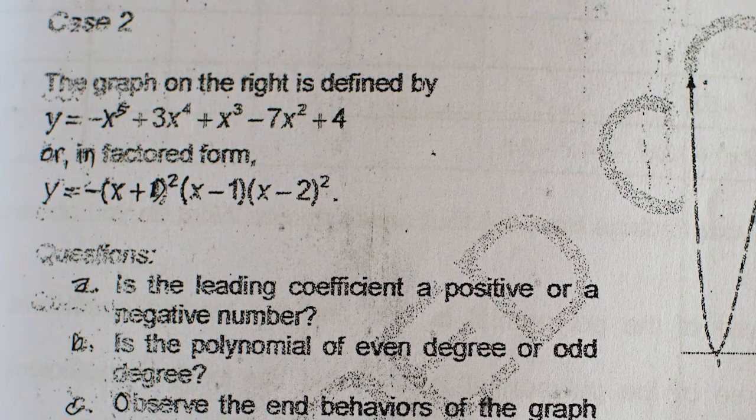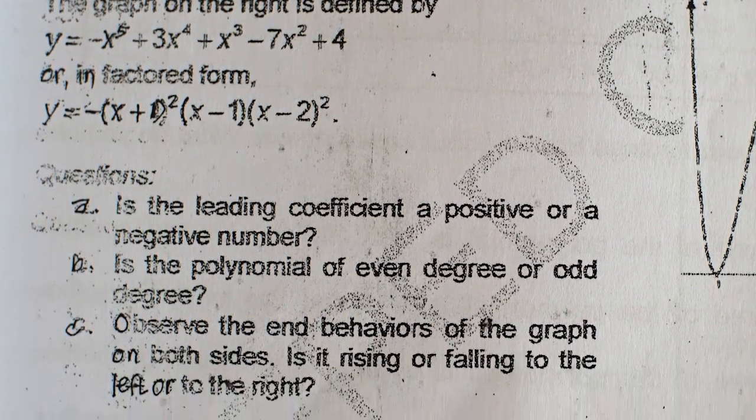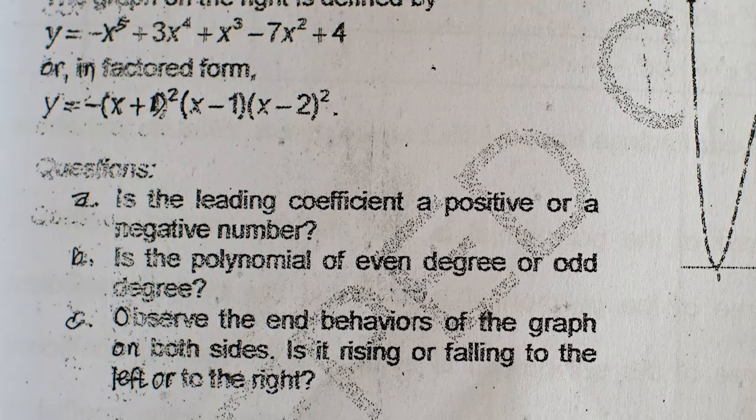Then you have to answer the questions in Case 2. Is the leading coefficient positive or negative? Is the polynomial of even degree or odd degree? Observe the end behaviors of the graph on both sides. Is it rising or falling to the left or to the right?